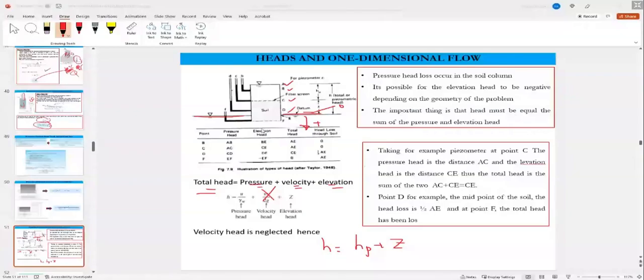Let's say at A, what is the pressure head at this point A? What is the pressure head at point A?